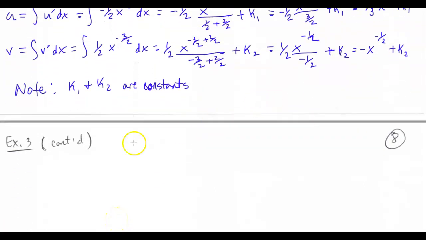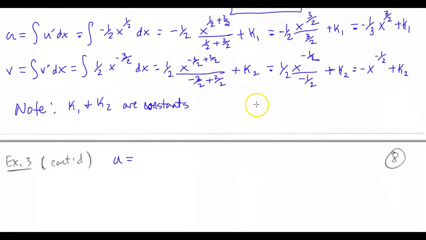All right, so now just to clean things up, we know that our function U is just going to be -1/3 x raised to 3/2 plus K1. Our V is going to be -x raised to the -1/2 plus K2.